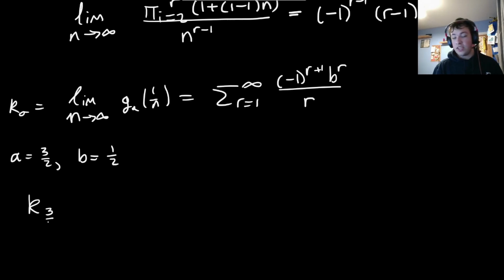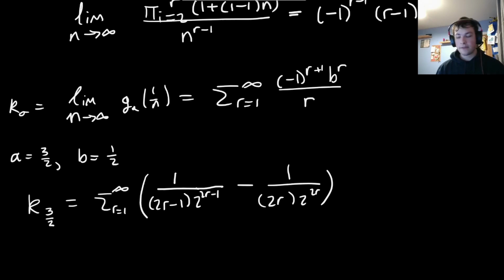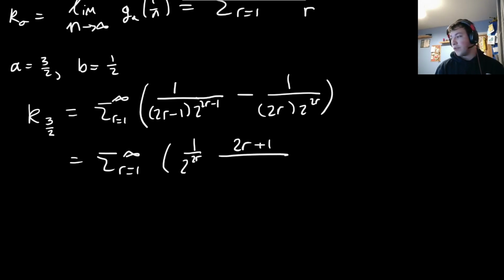So K3 over 2 is the sum from r equals 1 to infinity of the first term, which is 1 over 2r minus 1, 2 to the 2r minus 1, minus 1 over 2r, 2 to the 2r, or the sum from r equals 1 to infinity of 1 over 2 to the 2r times 2r plus 1 over 2r minus 1.